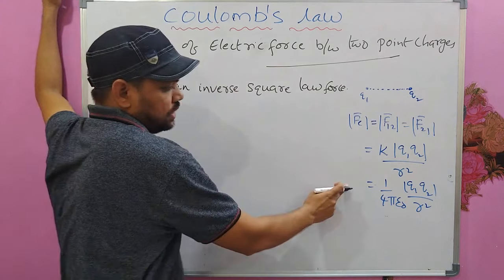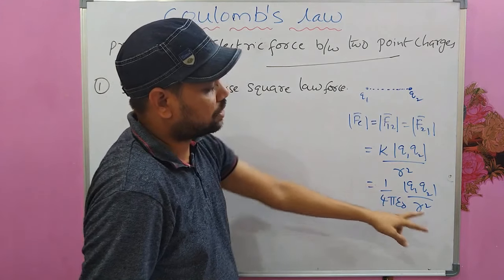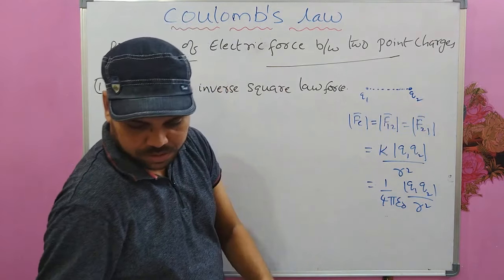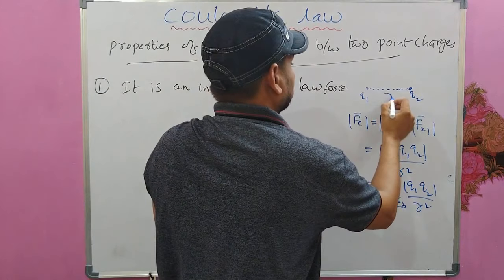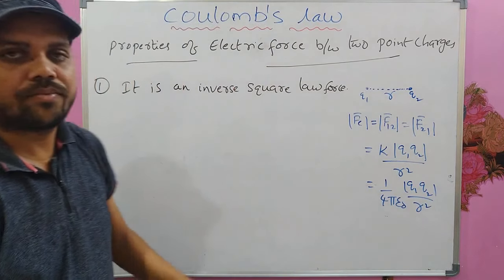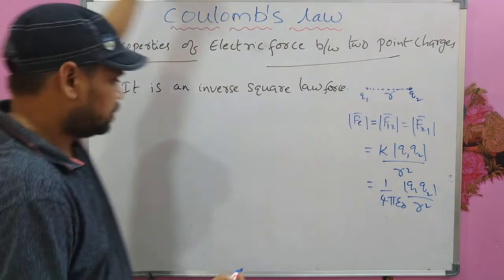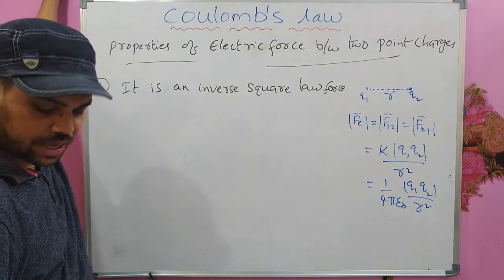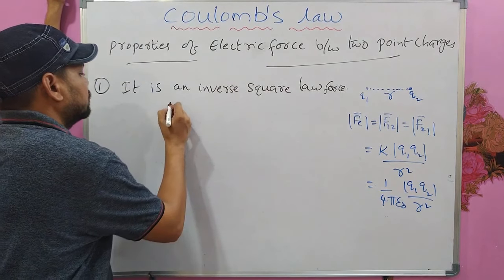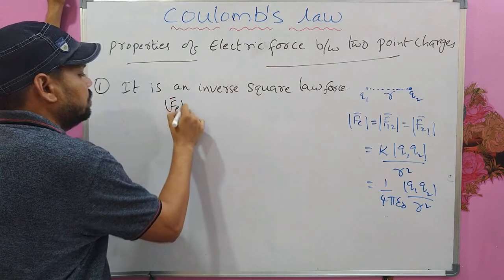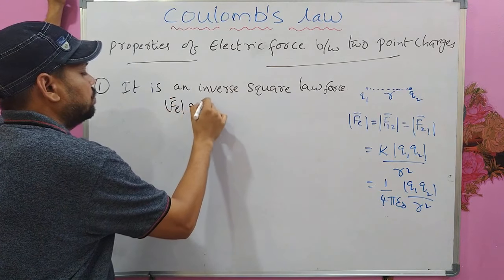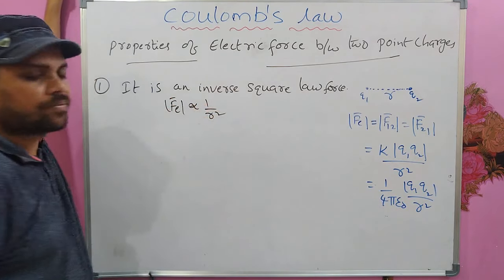The force is inversely proportional to the square of the separation between two charges. So in that case we call that force an inverse square law of force. You can observe from this it is proportional to 1 by r square.